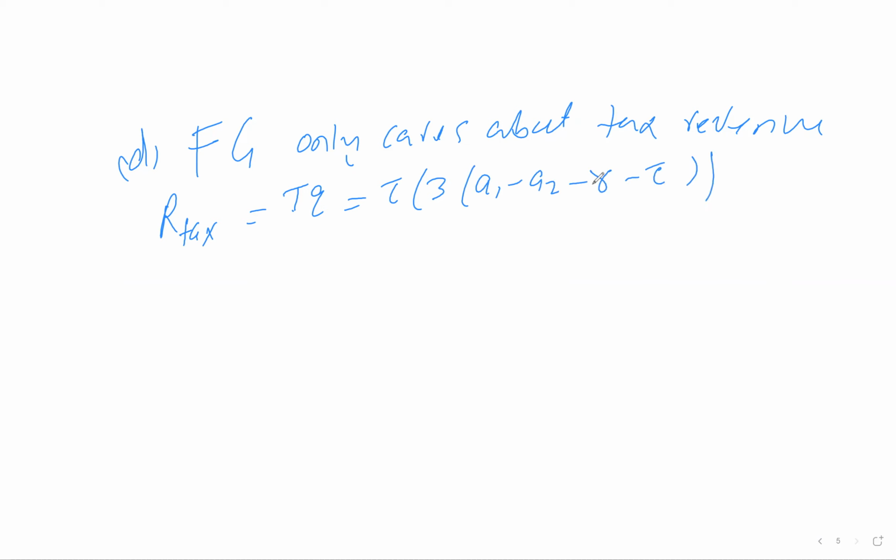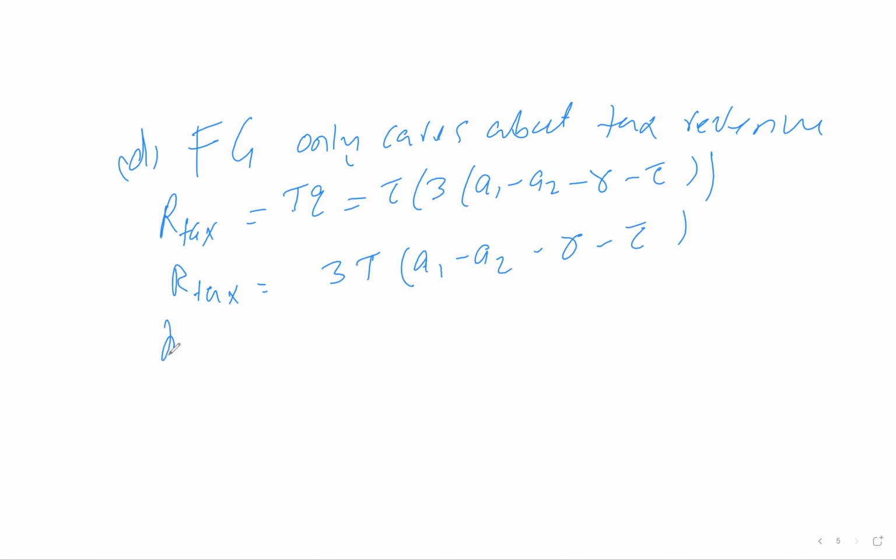So let's do the bracket, because we count that the number of brackets on the left and the right is the same. So our tax revenue is equal to 3 tau times (A1 minus A2 minus gamma minus tau).